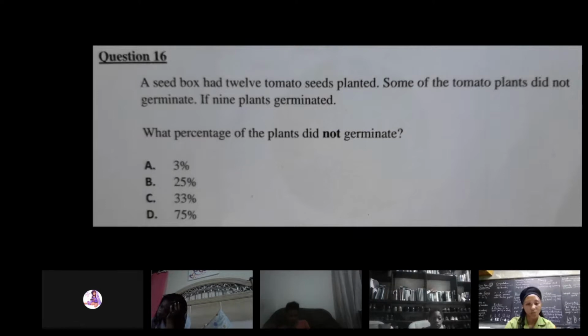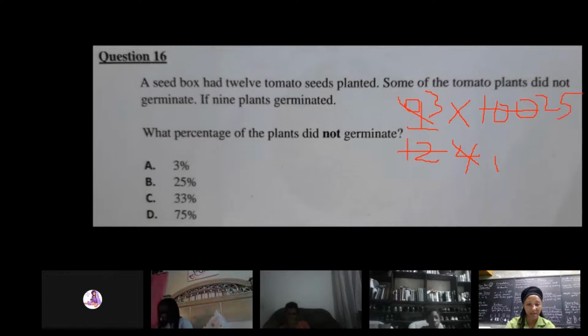All right, so you still used the 9 over 12. So you're working the percentage that germinated first, right? 3 into 3, 3 into 4, 4 into itself 1, and 4 into 100 is 25, and 3 times 25 is 75%.